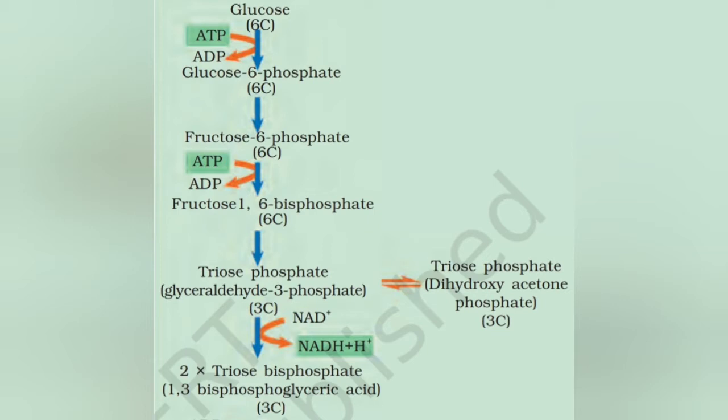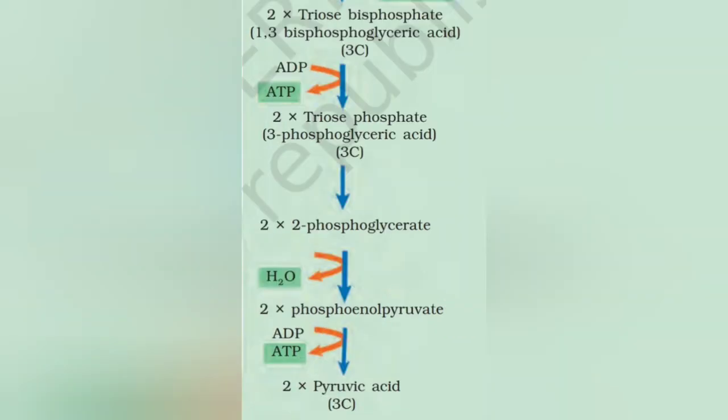Here, let us see: glucose, a 6-carbon compound, utilizes ATP and becomes glucose 6-phosphate in the presence of hexokinase. Then it isomerizes to fructose 6-phosphate. Then fructose 1,6-bisphosphate forms; again, utilization of ATP is there. After that, two molecules are synthesized, triose phosphate and triose phosphate. Both forms are different, out of which PGAL converts into BPGA.